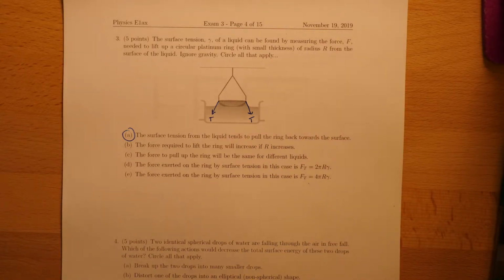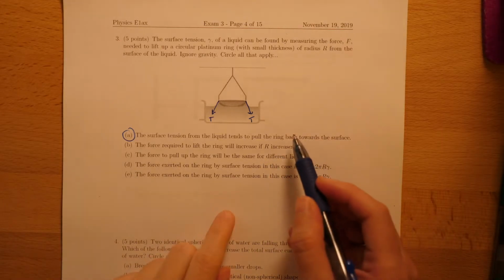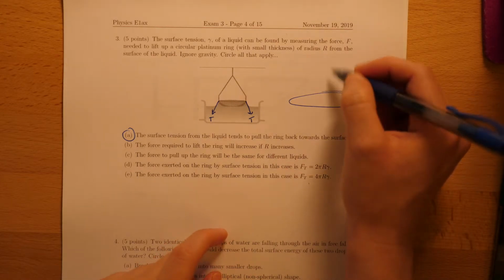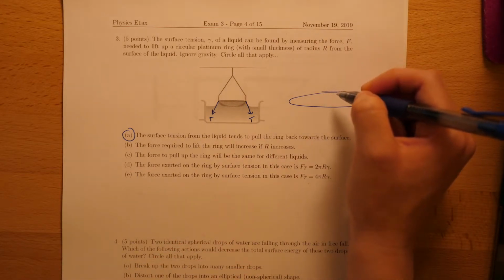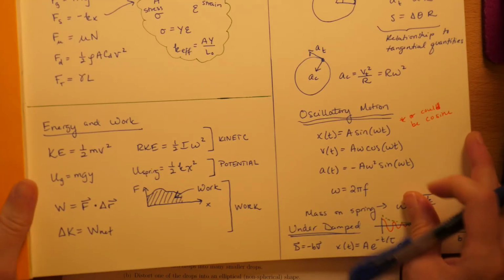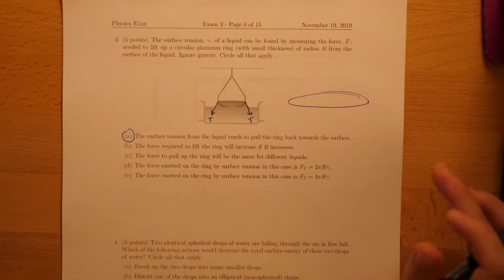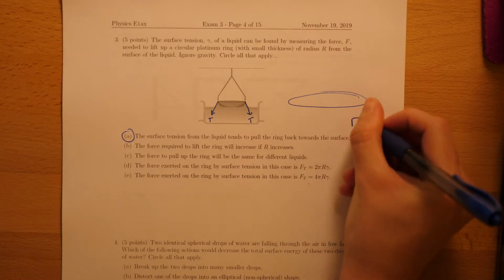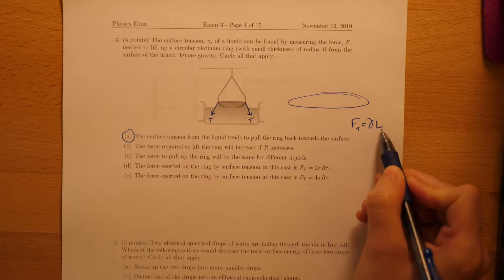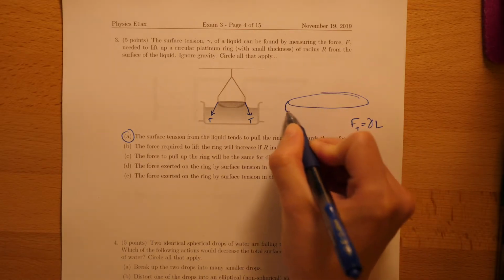The force required to lift the ring will increase if r increases. So they're saying if we take this ring and we make it bigger, will the tension force needed to lift increase? So the tension force here is gamma times L. And L is the length of the edge.